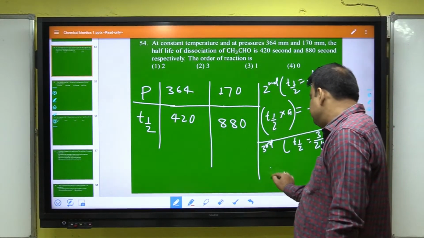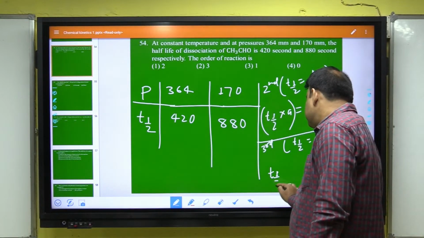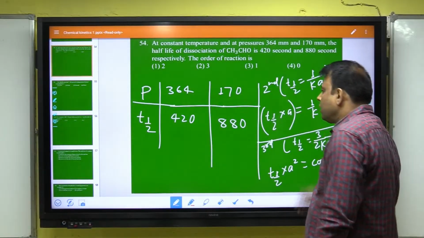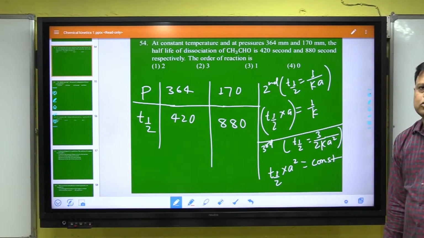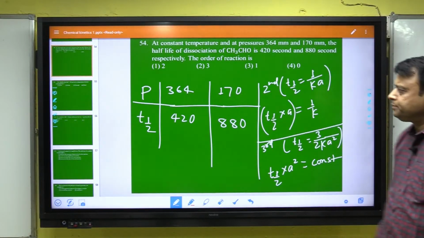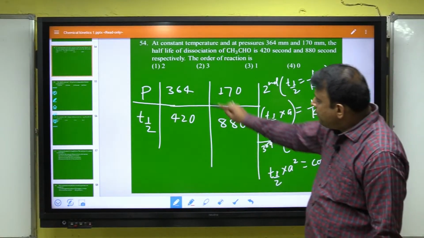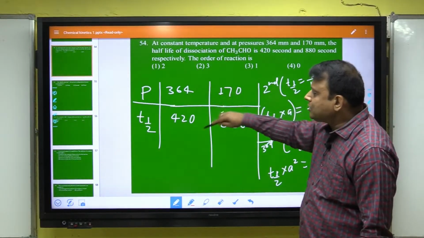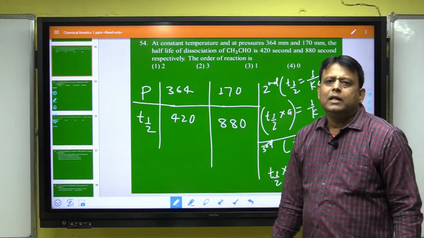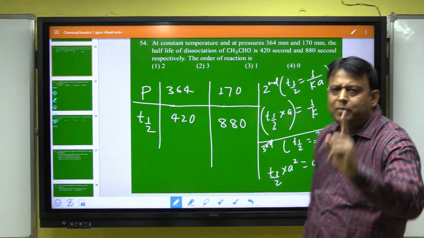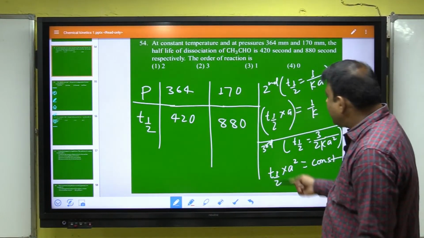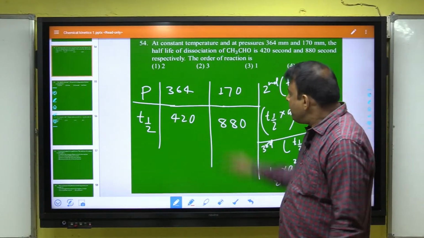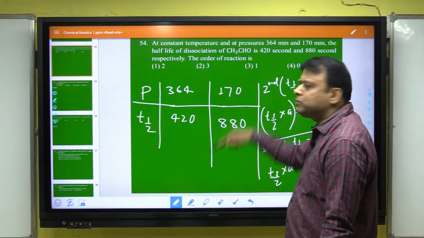And hence, T half into A squared is equal to constant. When the product of T half and A is approximately constant, then the order will be second. When the product of half life and A squared is constant, then the answer will be third.